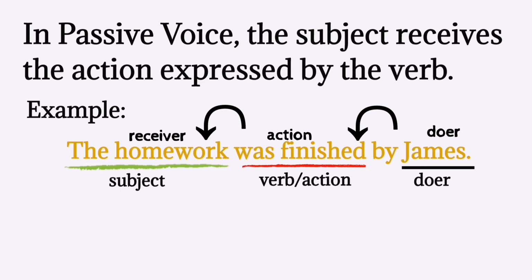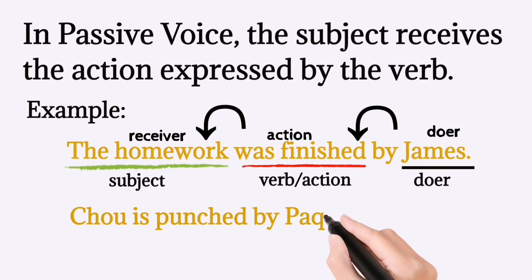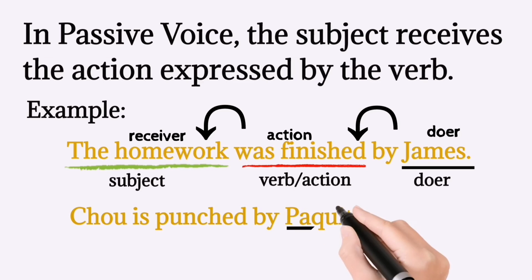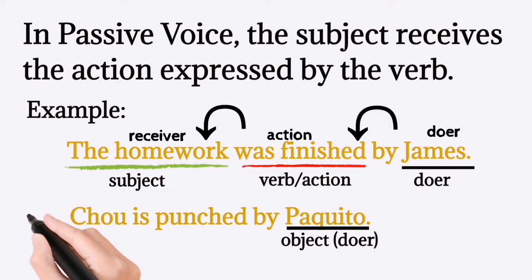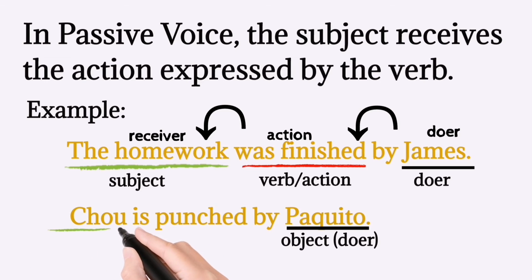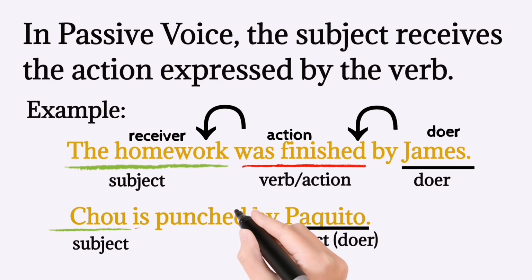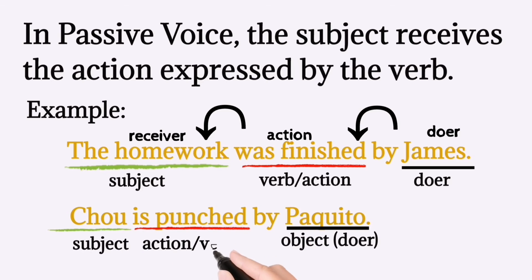Another example, Cho is punched by Paquito. Who do you think did the punching? Correct. It's Paquito, the object of the sentence. Who received the punch? It's Cho, the subject of the sentence. Since the subject receives the action, the sample sentences are in passive voice.